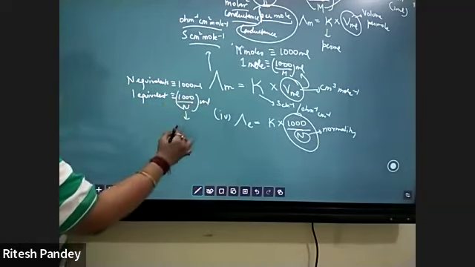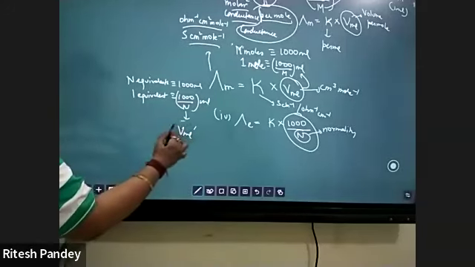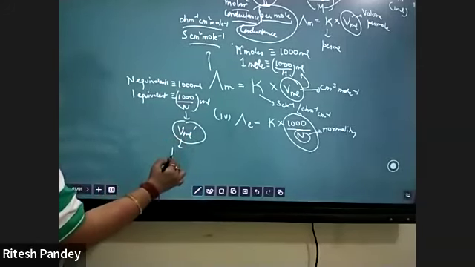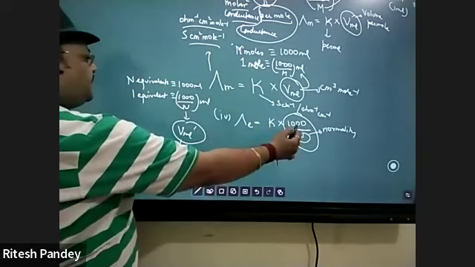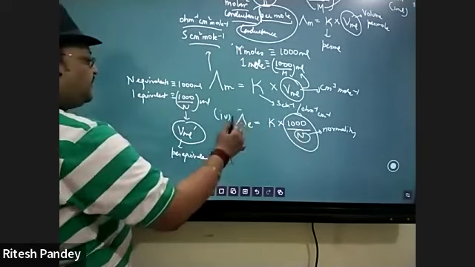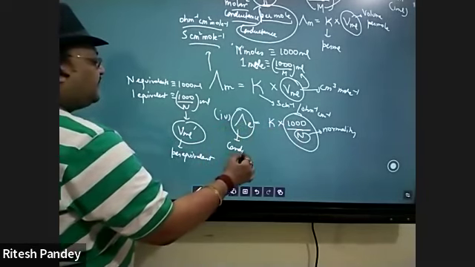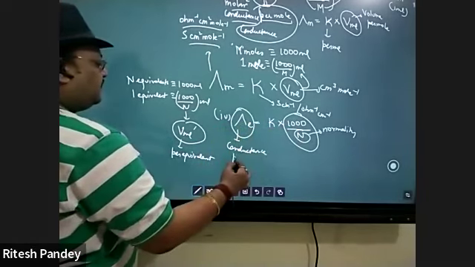This is the volume V ml prime, the volume in ml per equivalent. This is conductance per ml, this is volume per equivalent, so this eventually would be conductance per equivalent. Yes or no?